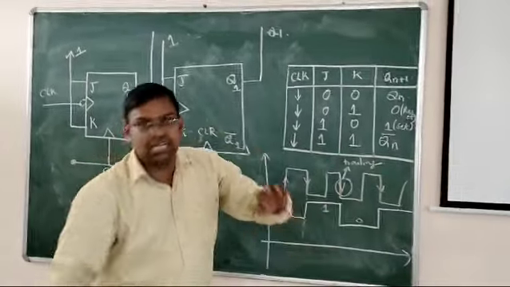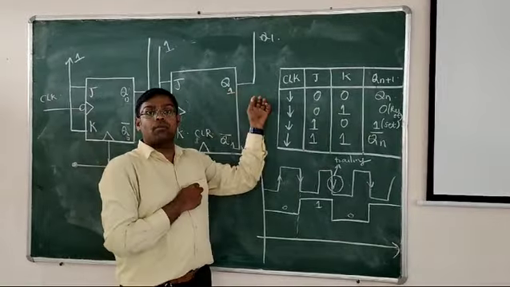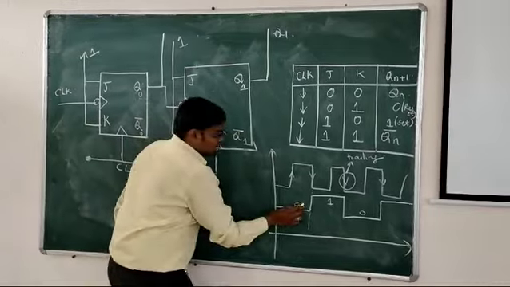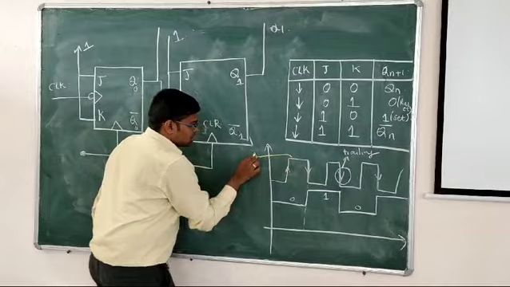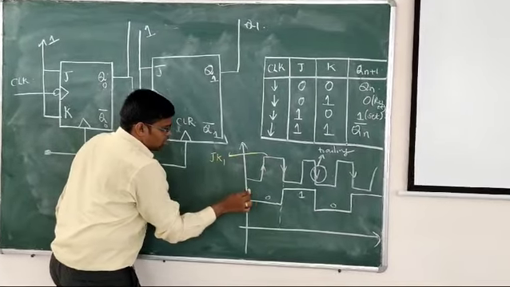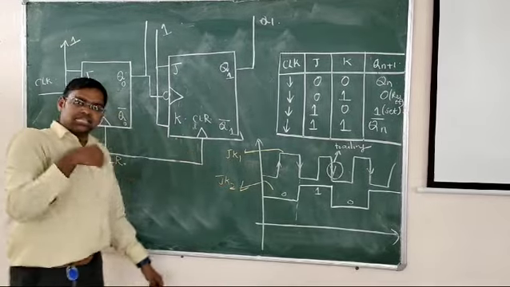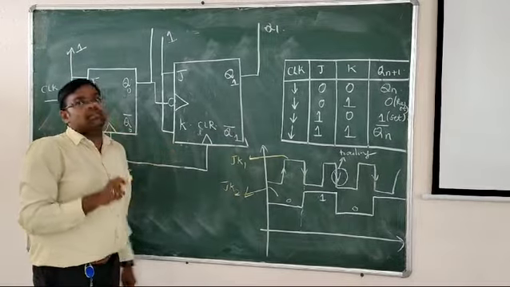Now let us consider the next step, in which we are going to generate the outputs of this flip flop. Here, this is the clock pulse, actually the output of JK1. Now this will become the clock pulse of JK2. So let us consider this, and the second flip flop is also negative edge triggered.